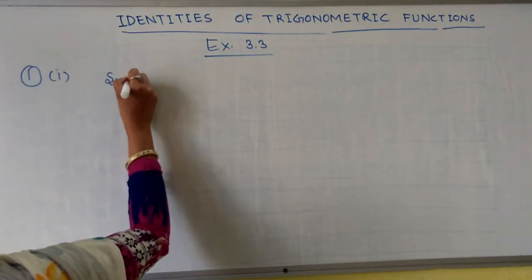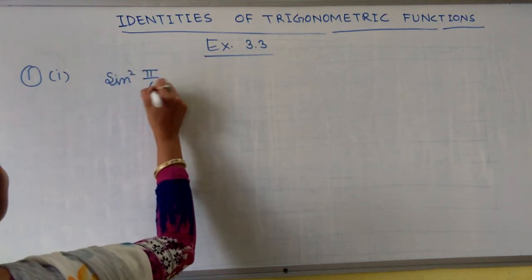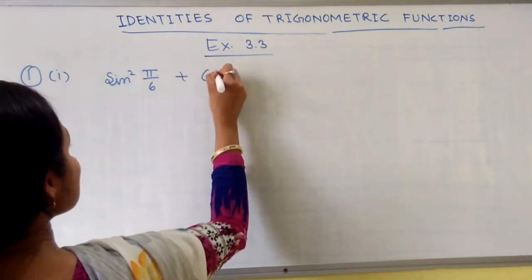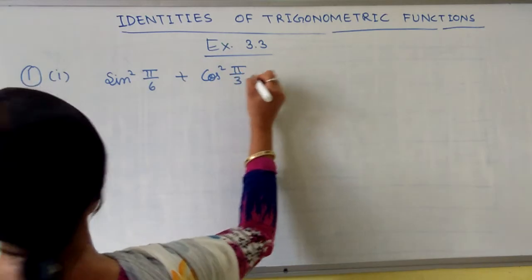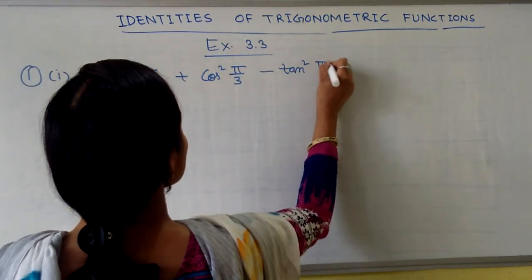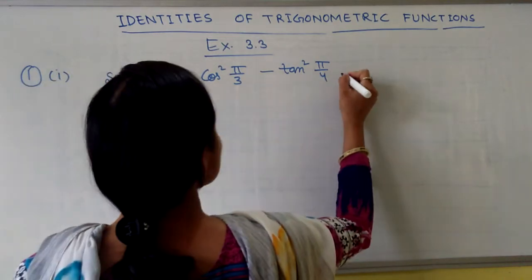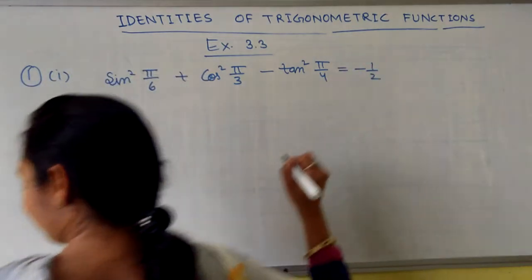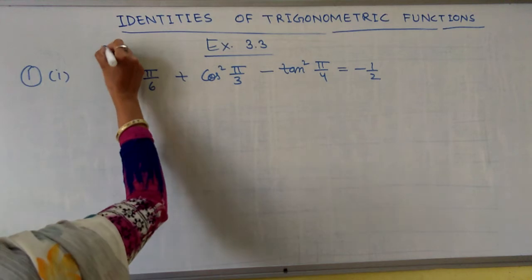The question is sine square pi by 6 plus cos square pi by 3 minus tan square pi by 4 is equal to negative 1 by 2. So how to prove? The question demands that we prove that.